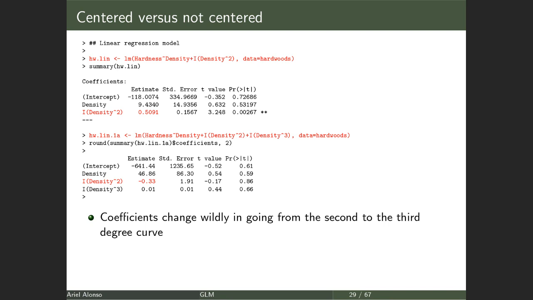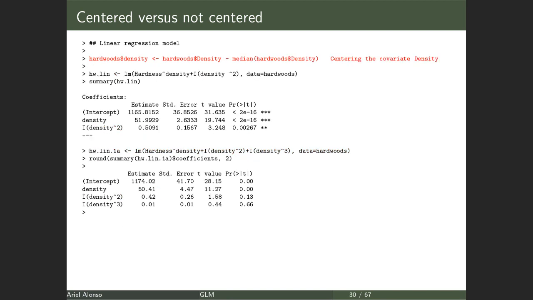You see it, for instance, in the coefficient of the quadratic term. When you just have a degree 2 polynomial, that coefficient is positive. However, when you add the third degree term to the polynomial, then the coefficient becomes negative. So this is a little bit of a weird thing, because you have this high variability when you add just the cubic term to your model.